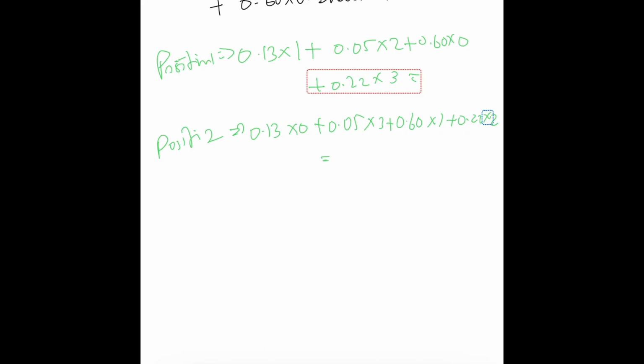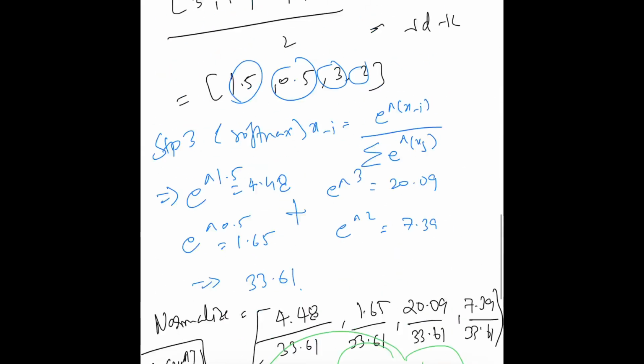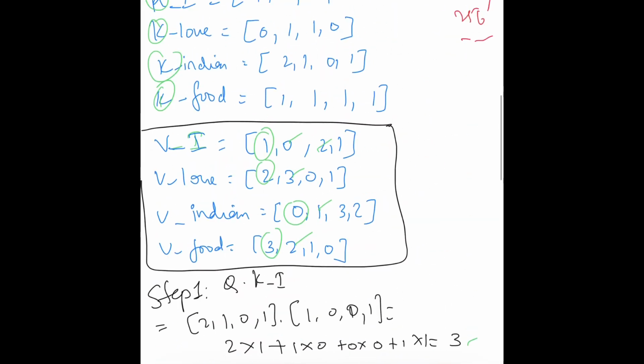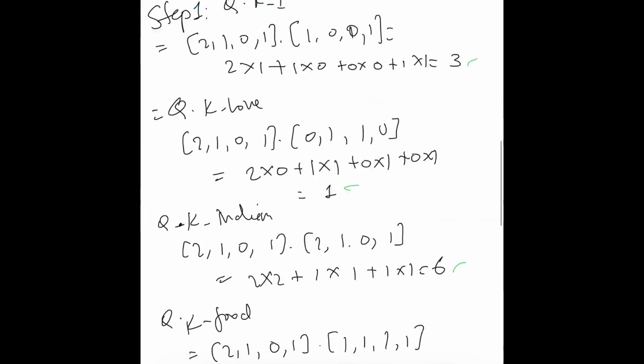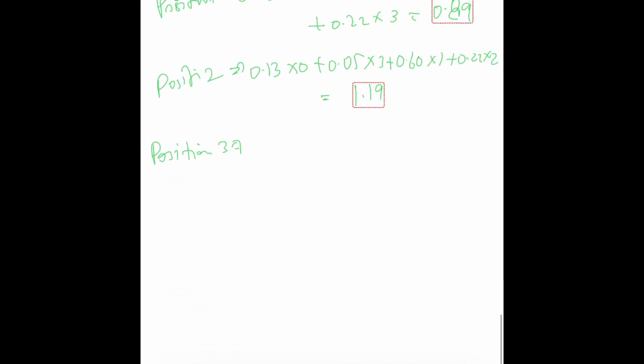And so let us quickly calculate these two. This is coming out to be 0.89, this is coming out to be 1.19. Position 3, we go and check, it will be 2031. 2031 is what we have to multiply.